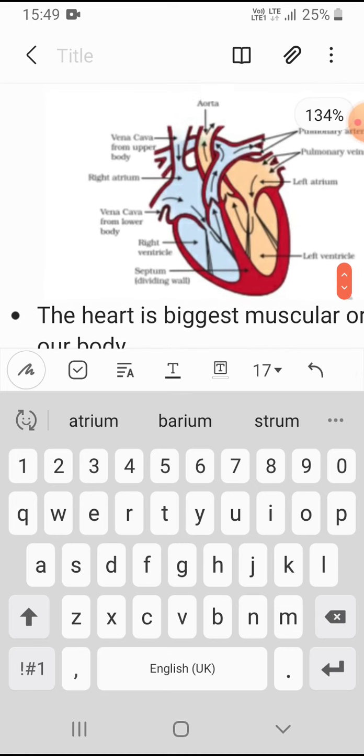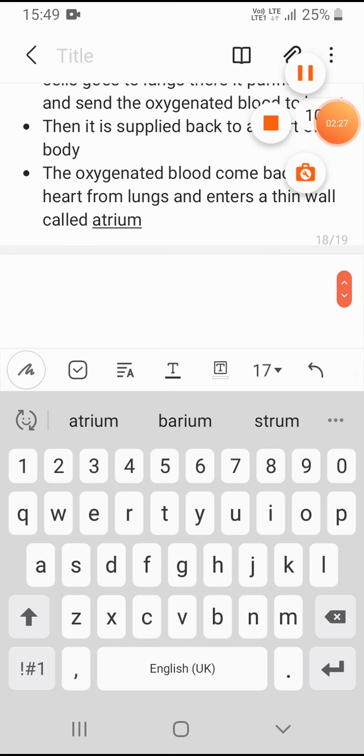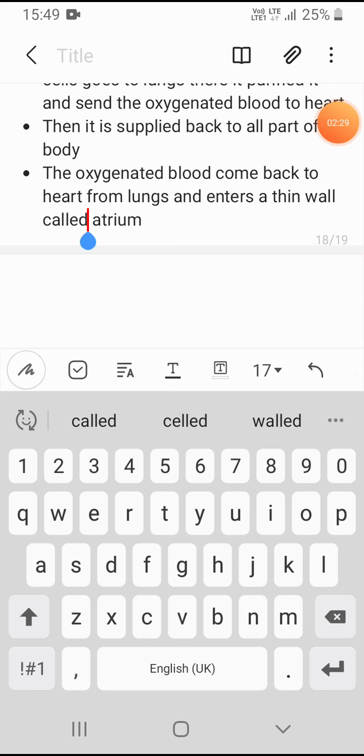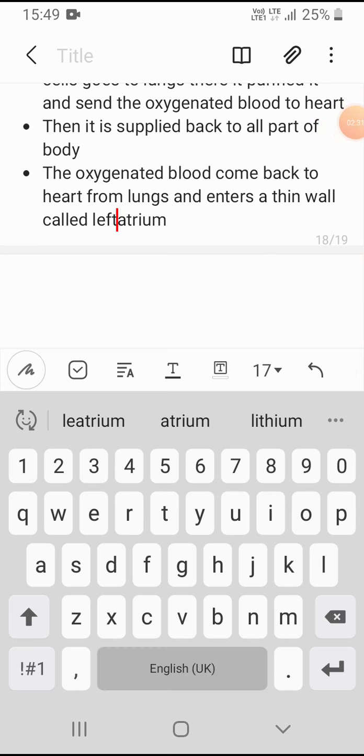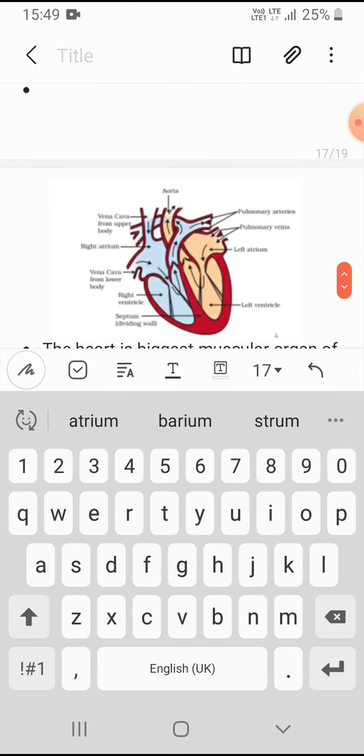Here you can see the right atrium and left atrium. It comes to the left atrium, where you can see the pulmonary veins on the left side.